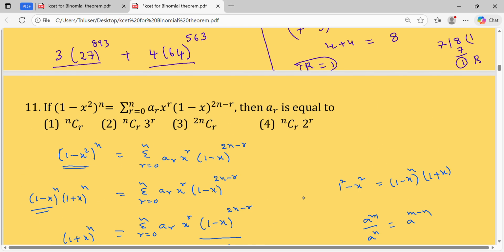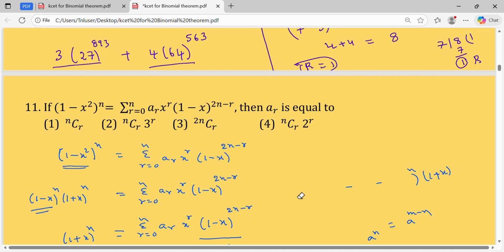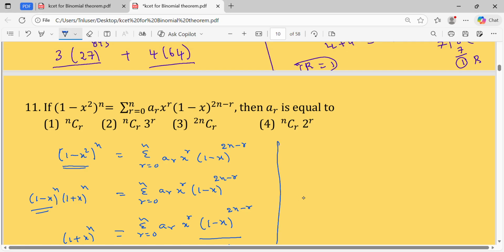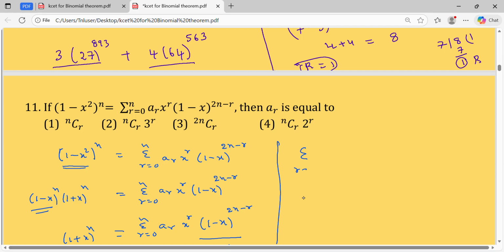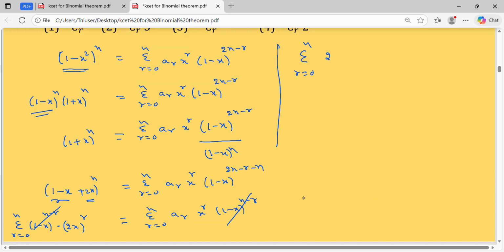Next step, now the given problem can be written as sigma r equal to 0 to n. So the (2x) whole power n can be written as 2. So one term is actually missing here.